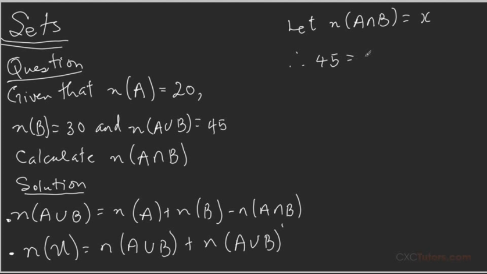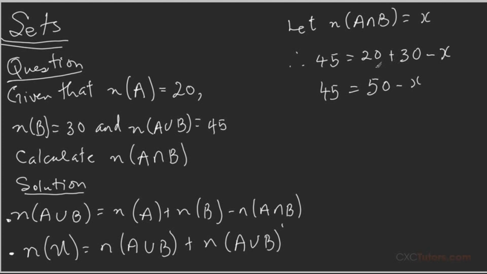45 is equal to 20, which is the number of elements in A, plus the number of elements in B, which is 30. And then the formula says minus the number of elements in the intersection of the two sets, which in this case is X. We can simplify the right hand side a little more: adding the two constants, we get 45 is equal to 50 minus X. But our aim is to solve for X, and when we solve for X, we must have our coefficient of X being a positive 1.